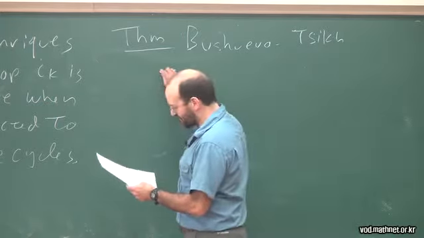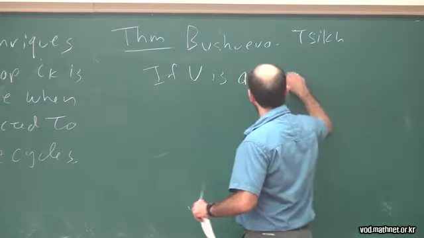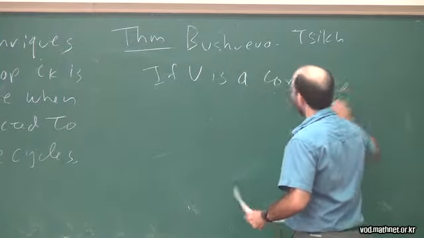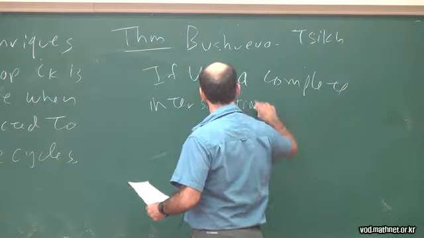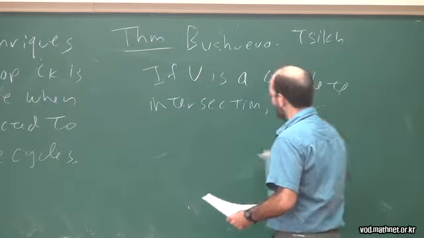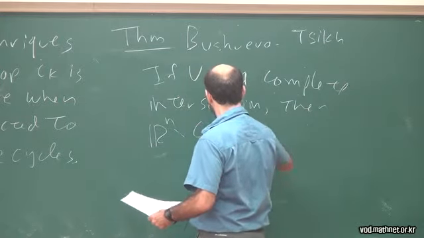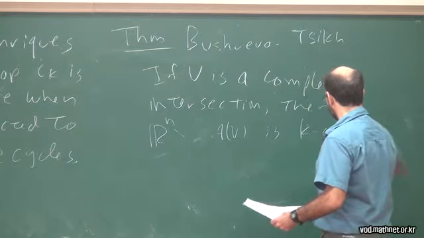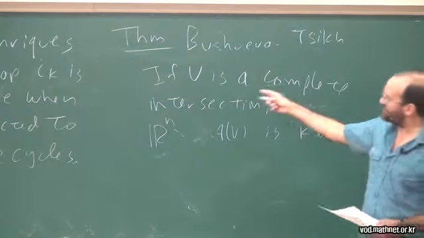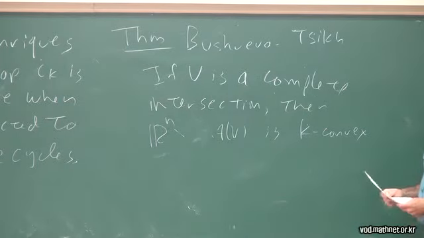This used complex analysis, and they said that if V is a complete intersection, then Rn minus the amoeba of V is K convex. So I'm assuming that V has codimension K plus 1.